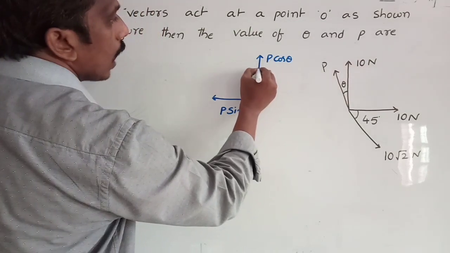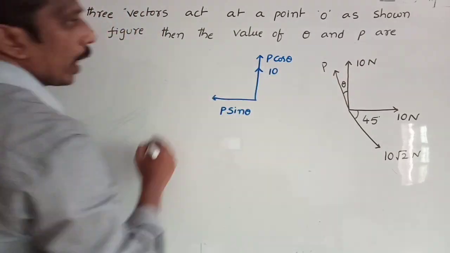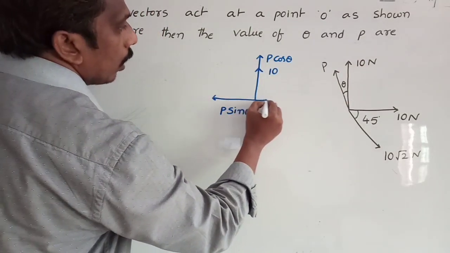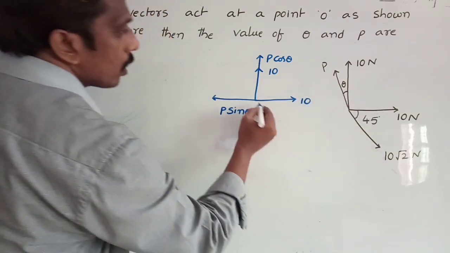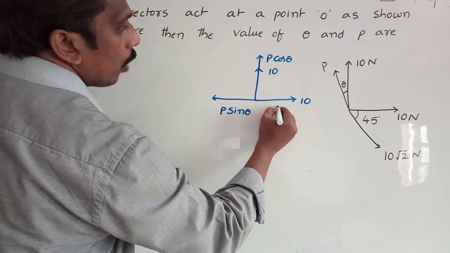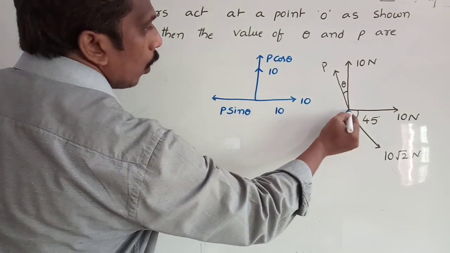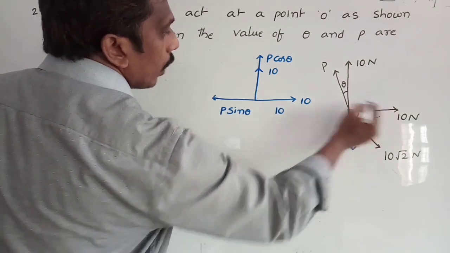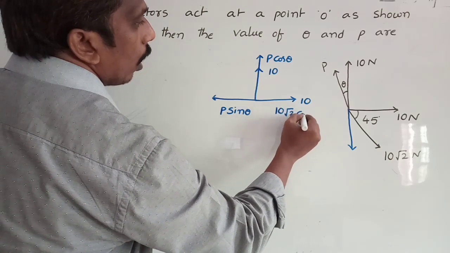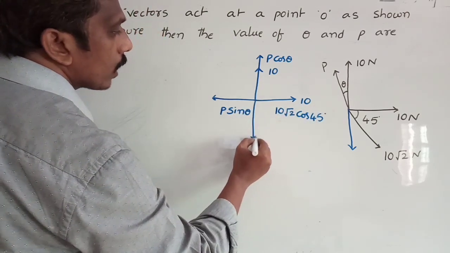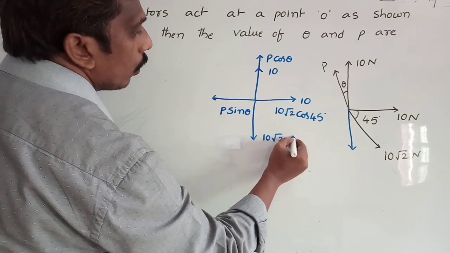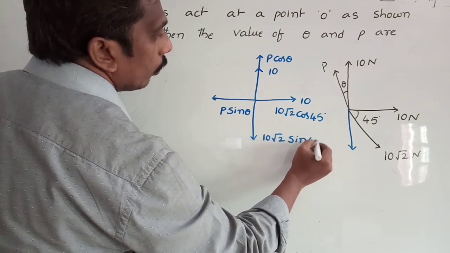Already 10 newton is acting along the positive y-axis. Next, along positive x-axis 10 newton is there. If you resolve this 10 root 2 into two components, the component along the positive x-axis is 10 root 2 into cos 45 and along negative y-axis 10 root 2 into sin 45.